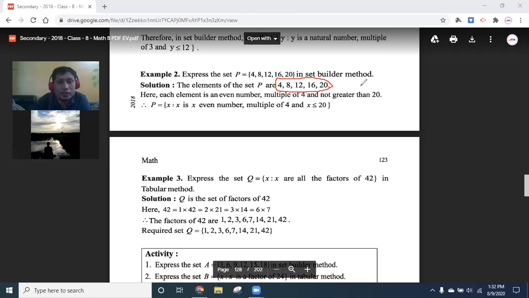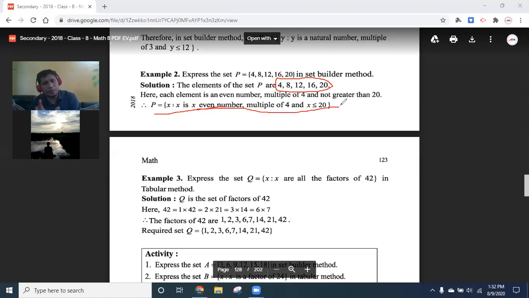So we can write that these are multiples of 4 and less than or equal to 20. You see, P is written here: X such that X is an even number, you see, all are even numbers, and multiple of 4, and X less than or equal to 20. I think all of you have understood it. Very easy to know. But it is a little bit difficult.